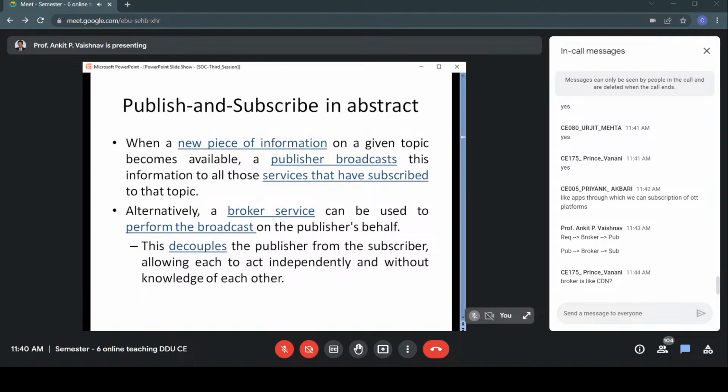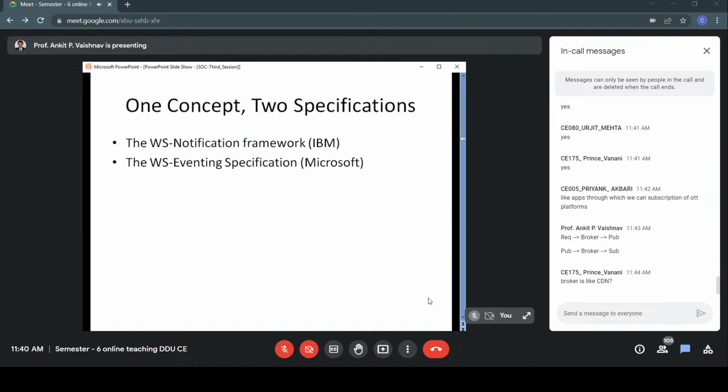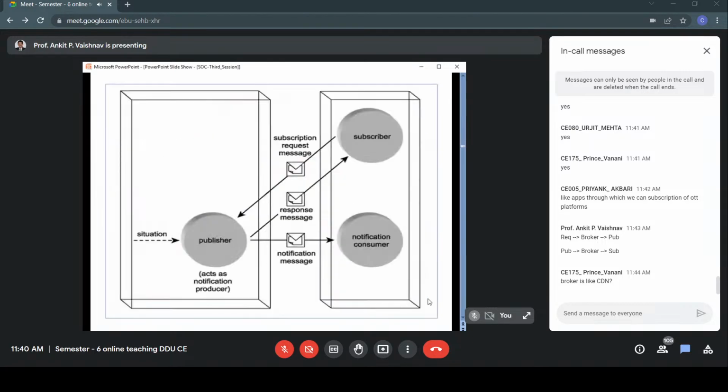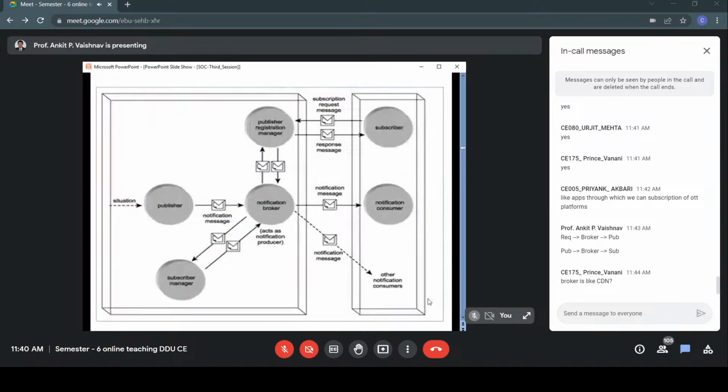Can anyone tell me before we end? I'm not going to start with the concepts of notification today. I'll show you the figure. Can you see a broker in between? The other services we'll discuss in detail in the next class. But based on this, can you tell me the advantage?